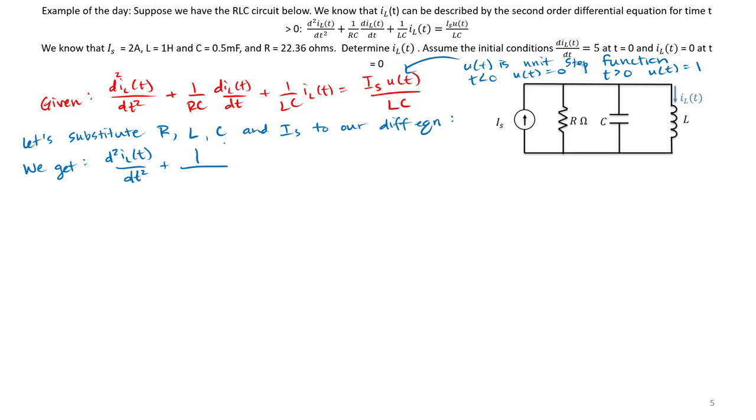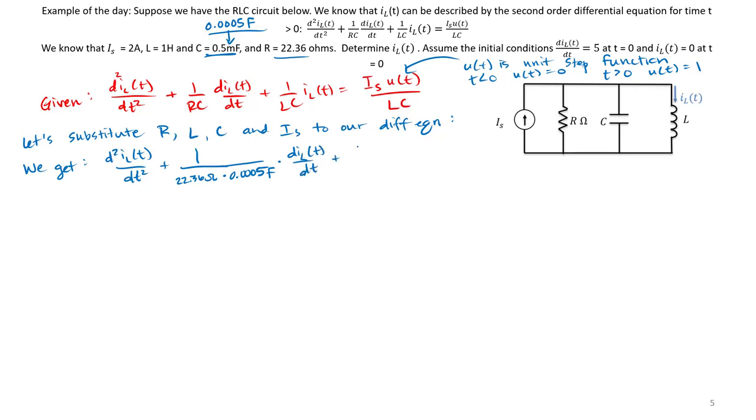Make sure units are farads, ohms, and henries here. So in this case, our resistor R is 22.36 ohms times capacitance, which is 0.5 millifarads. Since there are 1,000 millifarads per regular farad, we get 0.0005 farads, times dIL of t/dt.